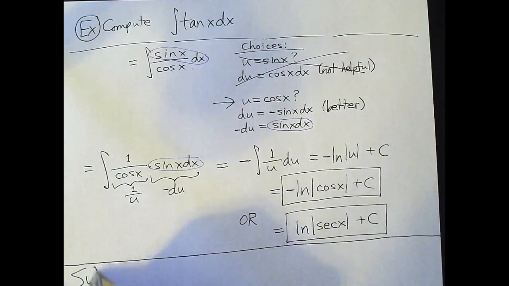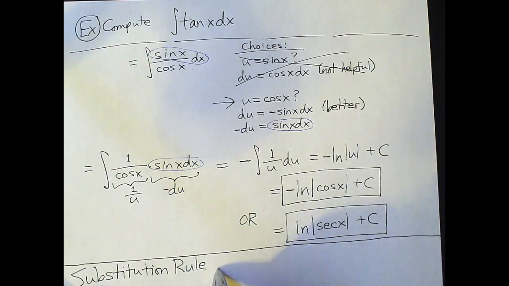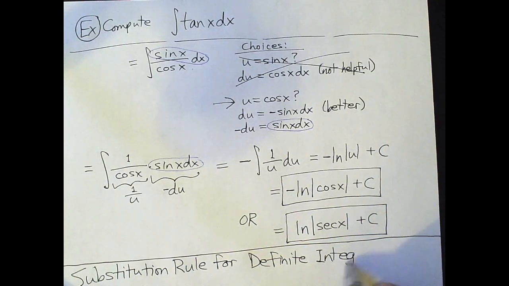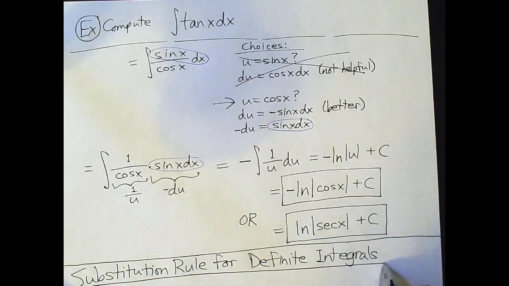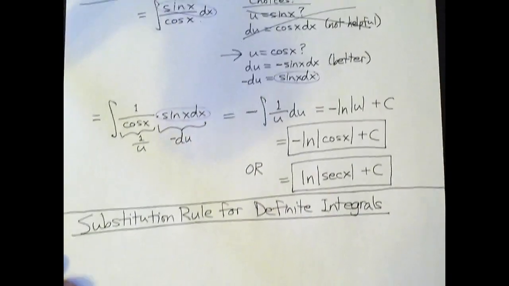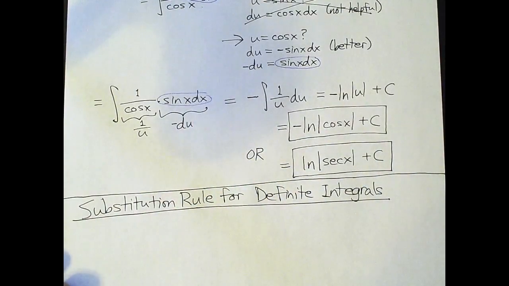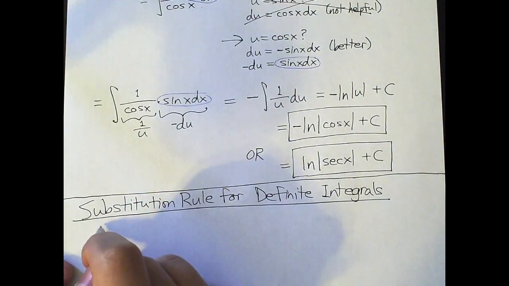And we need to talk about the substitution rule for the other kind of integral, definite integrals. Definite integrals, you know, when you have a lower limit of integration and an upper limit of integration, what do we do then? So there's kind of two different methods.